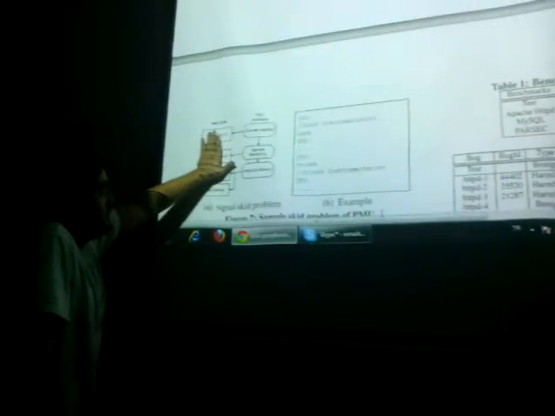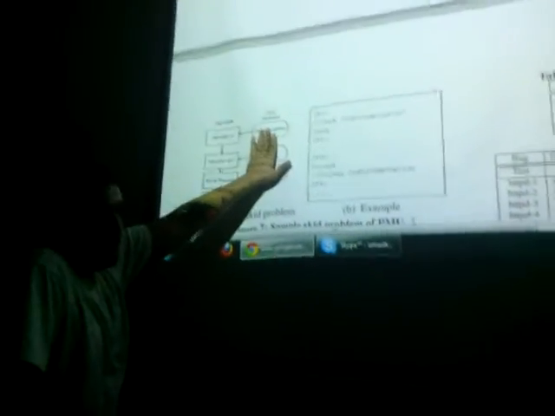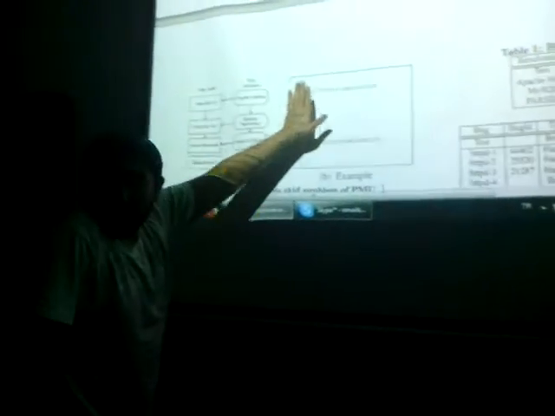This is our user code application level. This is our middleware, and we will have the kernel side.